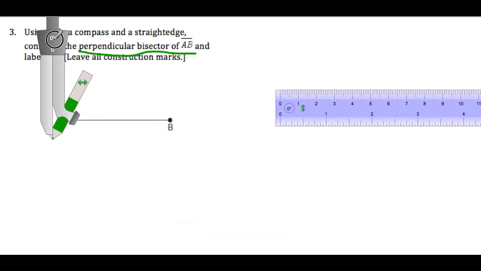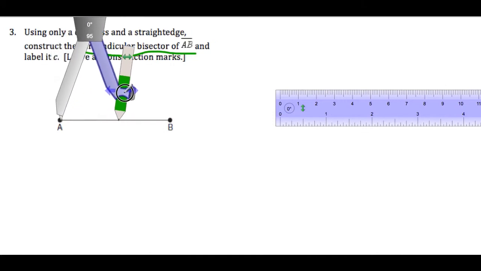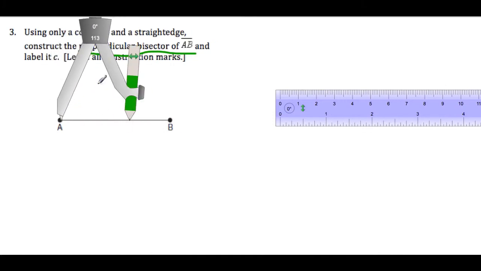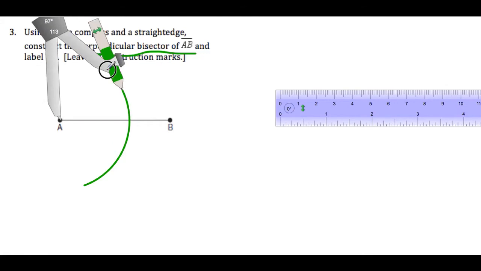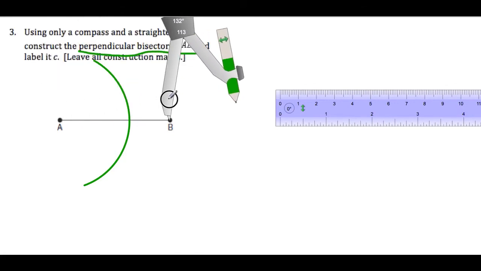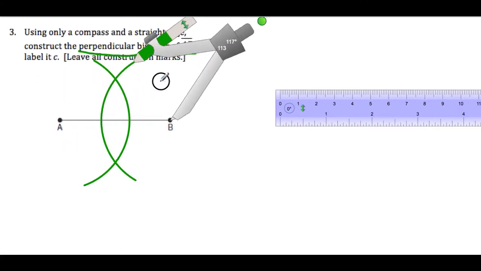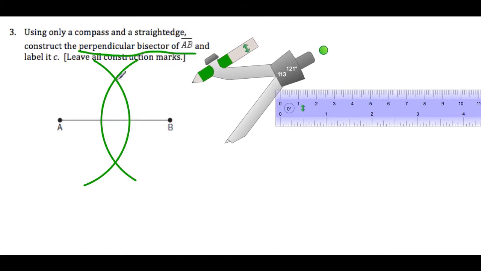First, bring the compass to one end of the line segment, and make sure you open up more than halfway of the line segment and draw an arc. And without changing the width, you will do exactly the same thing on the other side. Now you will see one on top and one on the bottom, the intersections between those two.